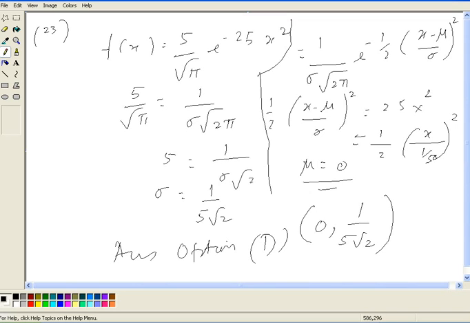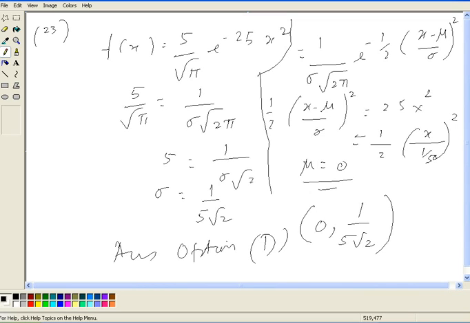And on this side, half of x minus mu by sigma whole squared will be equal to 25x squared, when we compare the standard form with what is available here. So we rewrite this 25x squared as half into x by 1 by 50 whole squared. Now when we see this, mu happens to be 0 because x minus mu in the standard form, here it is x minus 0, we can write that x.